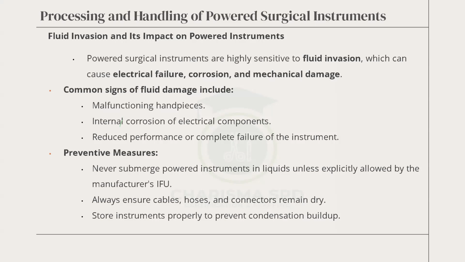What happens? Case is delayed. More work is created because you cut corners or you did the wrong thing. Internal corrosion of electrical components. So what is not supposed to be there made its way into the place. So it starts what? Corroding the place. Reduced performance or complete failure of the instrument. Almost the same as malfunctioning.